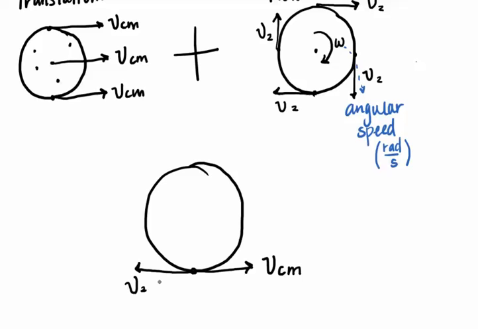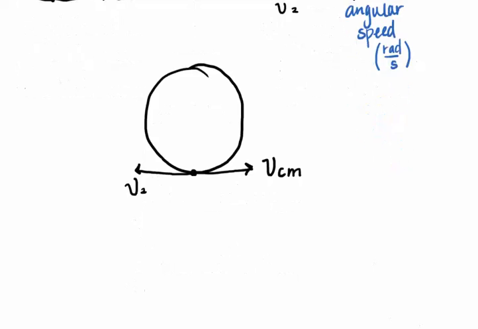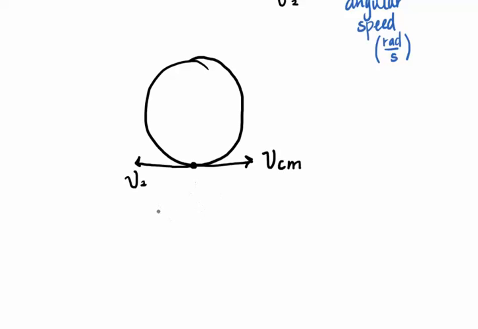It's 0. So, what does that tell us? That V2 must be equal to VCM. Because the net velocity is 0.